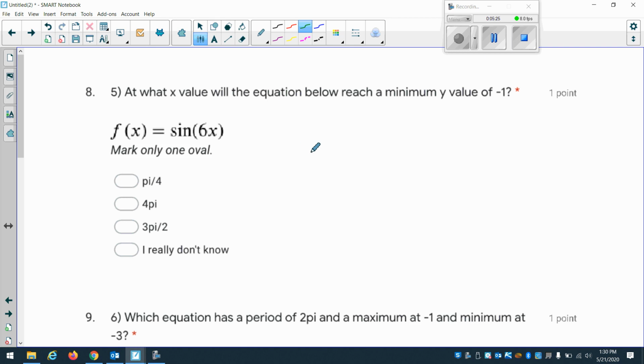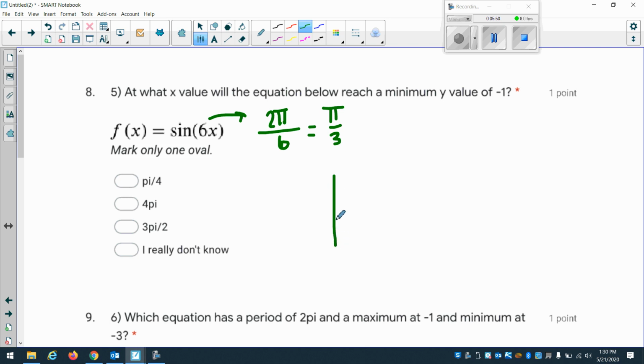So this one, at what x value will the equation below reach a minimum y value of -1? Well, first you have to find the period. So it's 2 pi over 6, which is pi over 3.